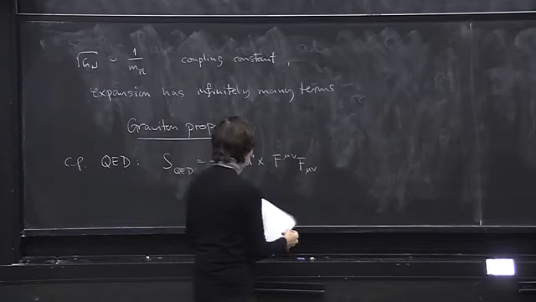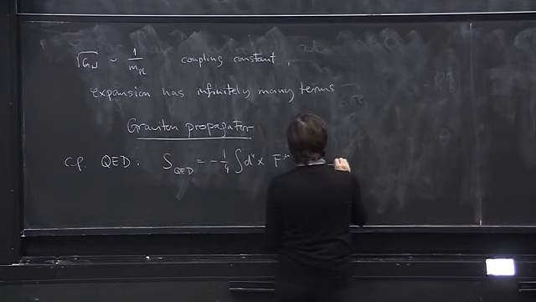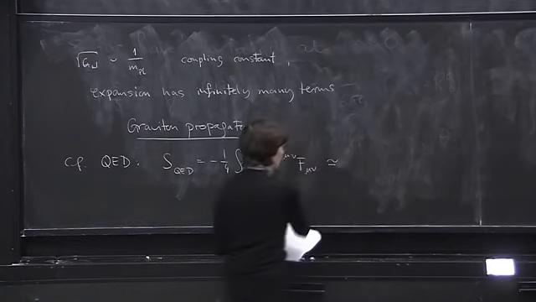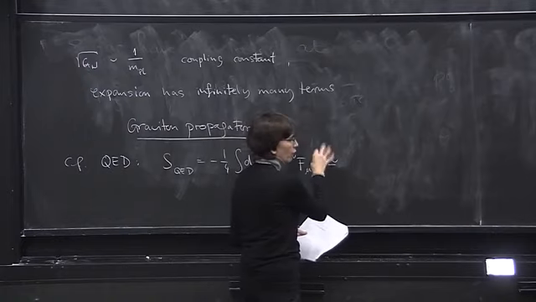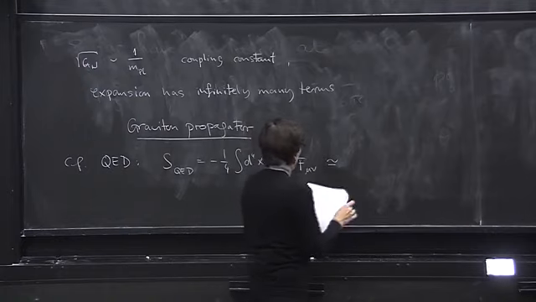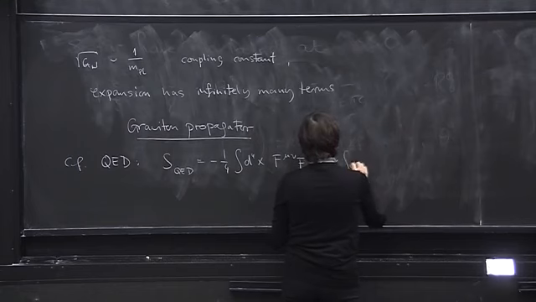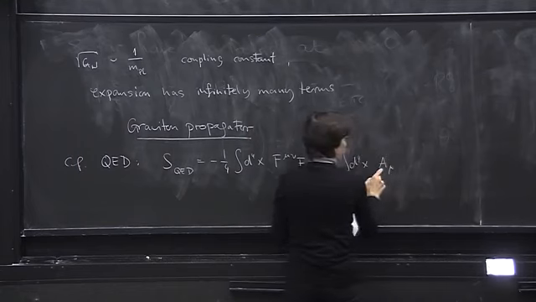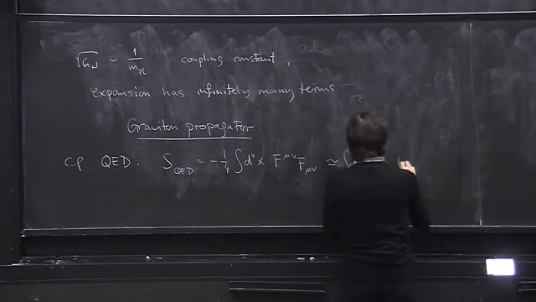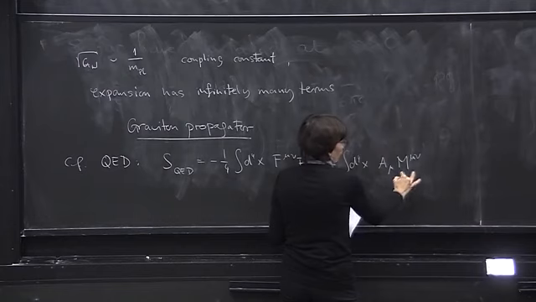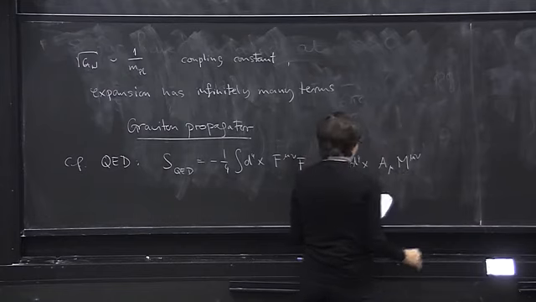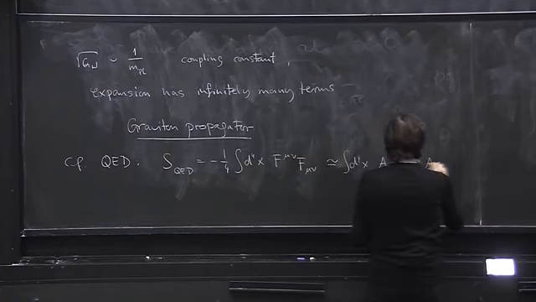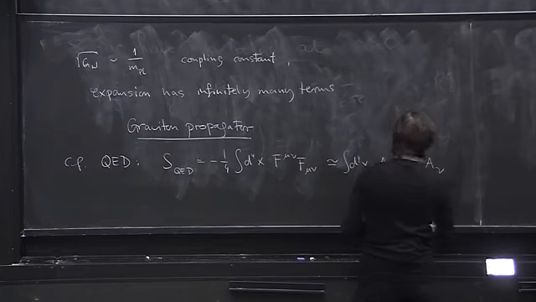So you bring it, involving also partial integration, to the form ∫d^4x A_mu, some matrix including, of course, differential operators, M^mu_nu, times A_nu.